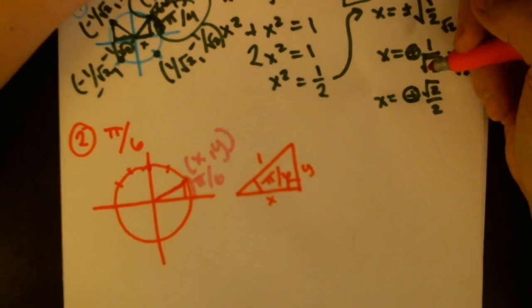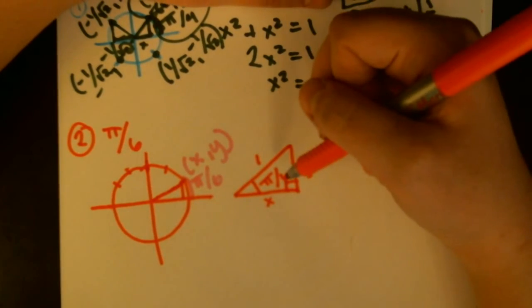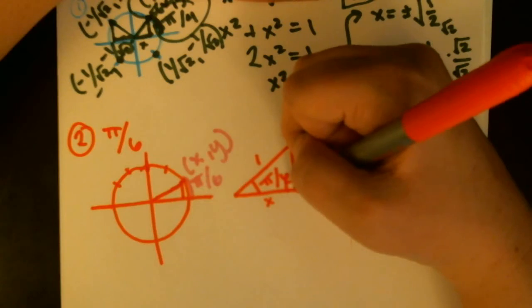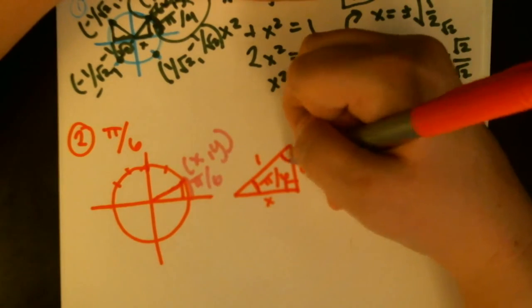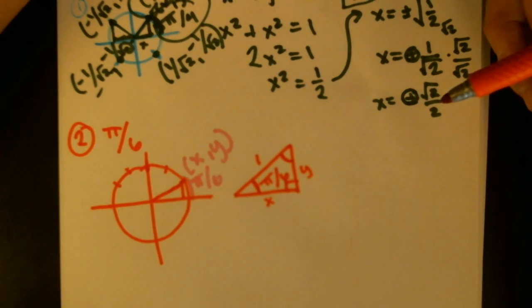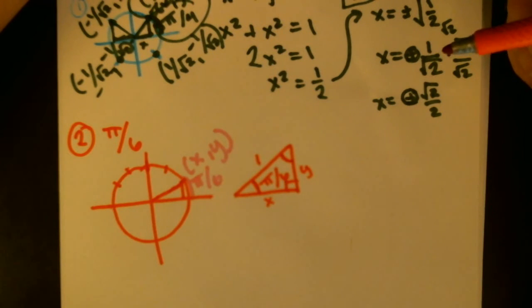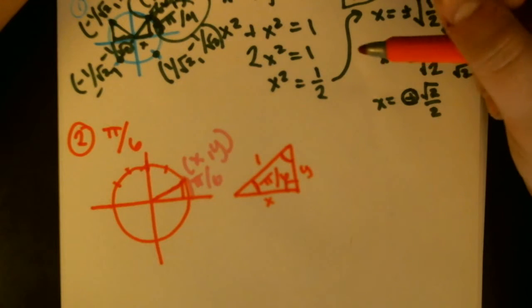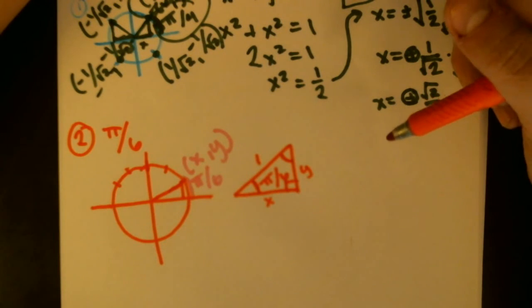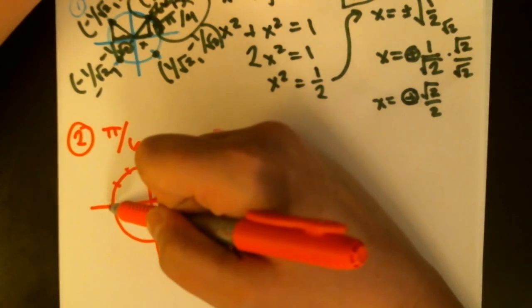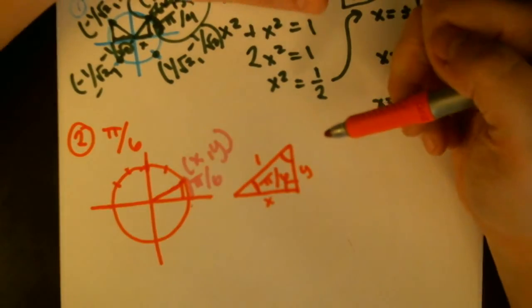So what we end up wanting to do, there's 2 things. One is if we know that there's a right angle and we know that there's an angle of pi over 6, given 2 angles in a triangle, you can always find the third because the angles in a triangle have to add up to 180 degrees, which in radians is pi radians. Halfway around is 180 degrees, also known as pi radians.